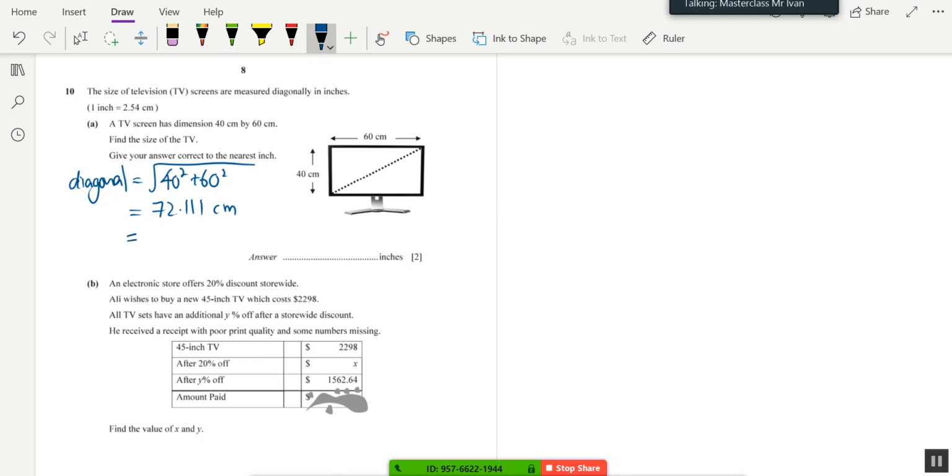Then to convert it to inches, you can say that it's equal because the units are there. That's why the units are so important. 1 inch is equal to 2.54 cm. So this one is times or divide to get the inch? Divide. Okay.